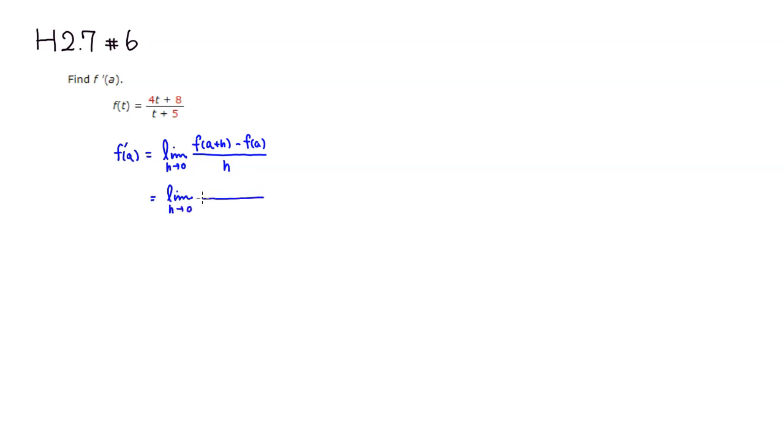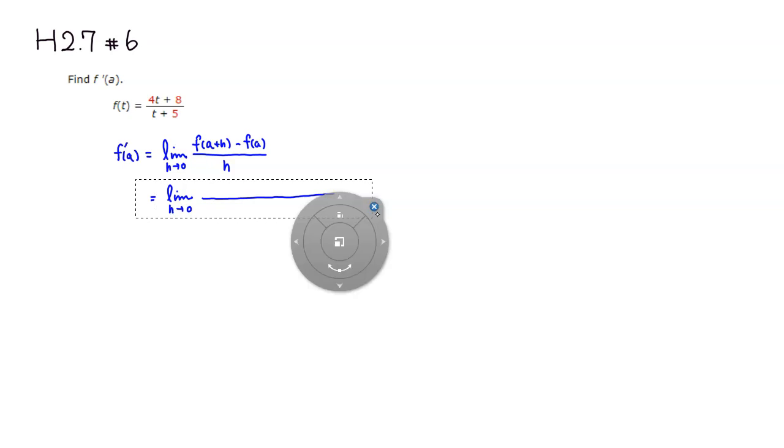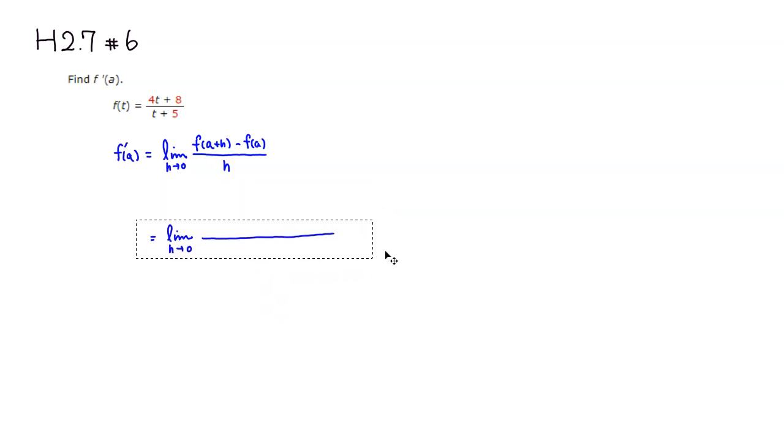Now, f of a plus h. Every time you see t, since t is the variable, we're going to replace it by a plus h. I have to give a little bit more room here, so I'm going to bring this down a bit.